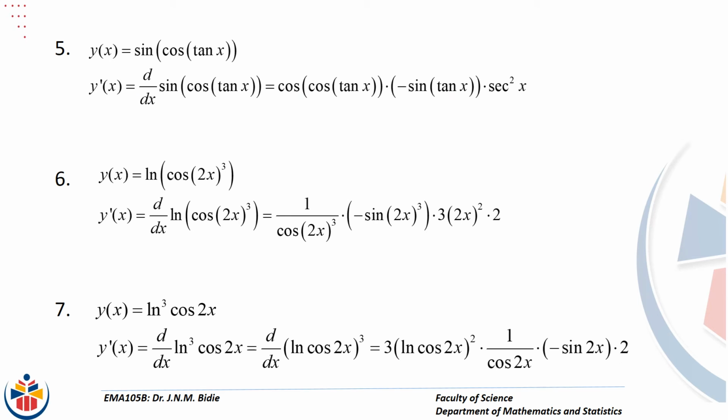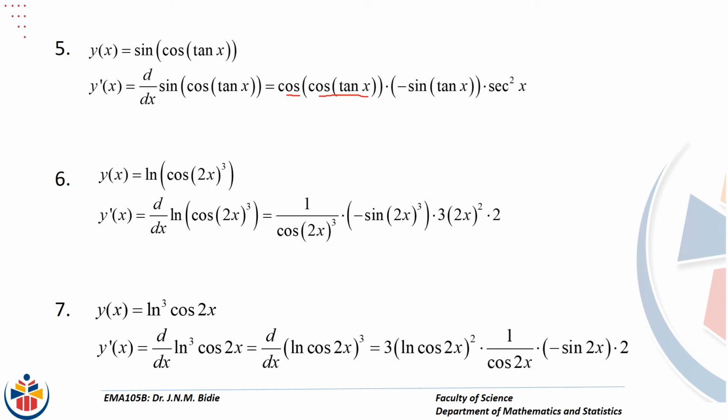Number 5, y is sine of cos of 10x. The derivative of sine is cos, that's where we start. And we must not forget the argument of sine is cos 10x. So we have to take it down as it is. And then we come inside.